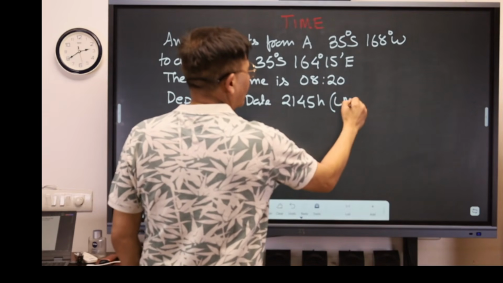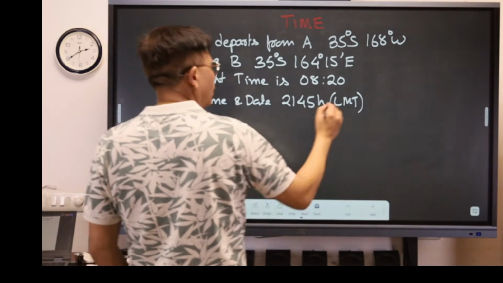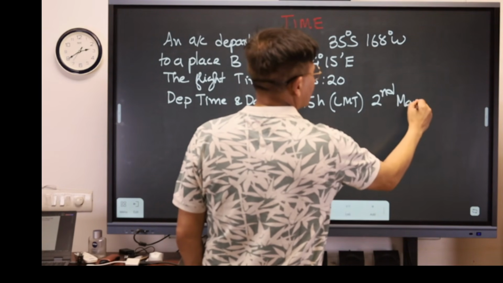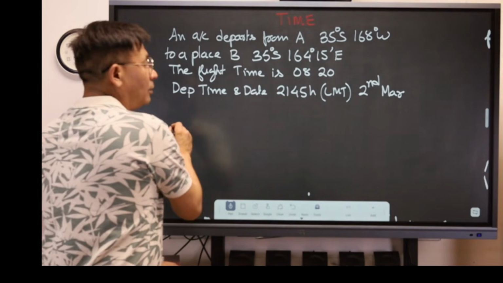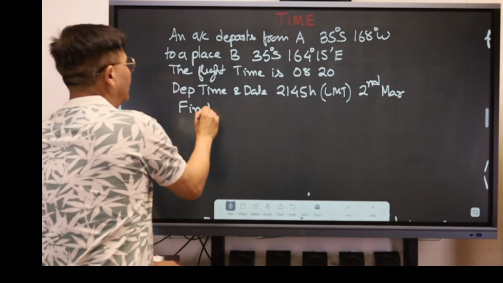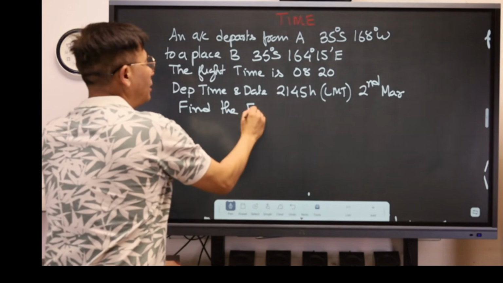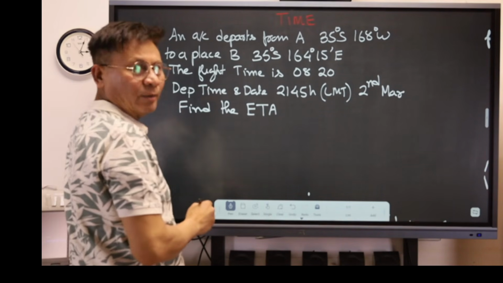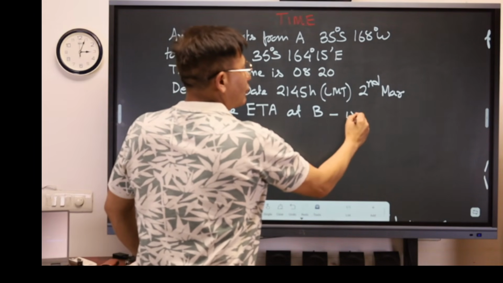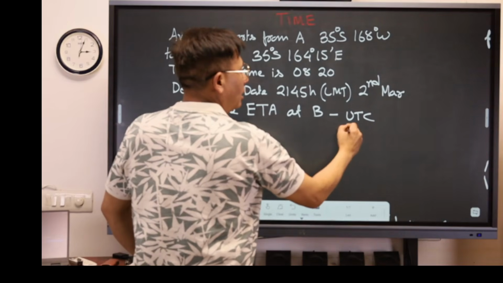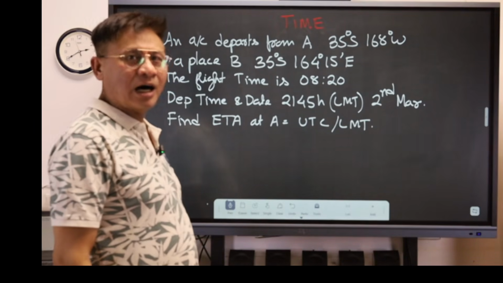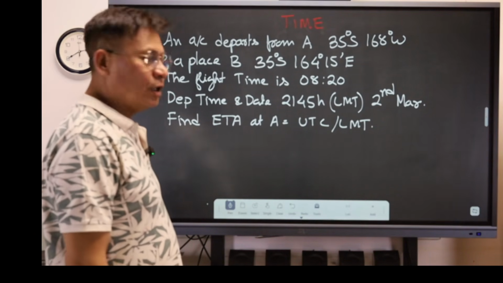This is local mean time, and the date is 2nd of March. Now find the ETA, estimated time of arrival, at B in UTC as well as LMT. So this kind of a question is asked very often in the examinations. So we will solve this.